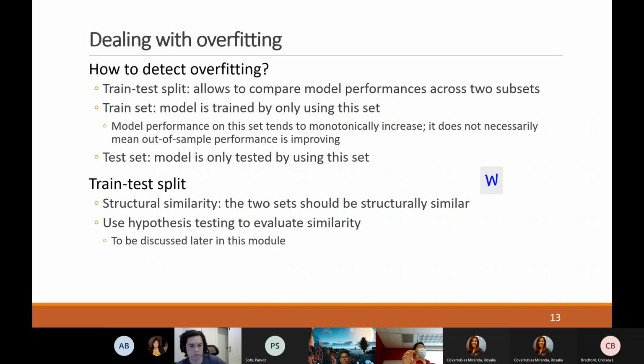And you want to have a way to ascertain that. The way to do that is to conduct hypothesis testing on key variables so that you know that the two sets are qualitatively the same, right?